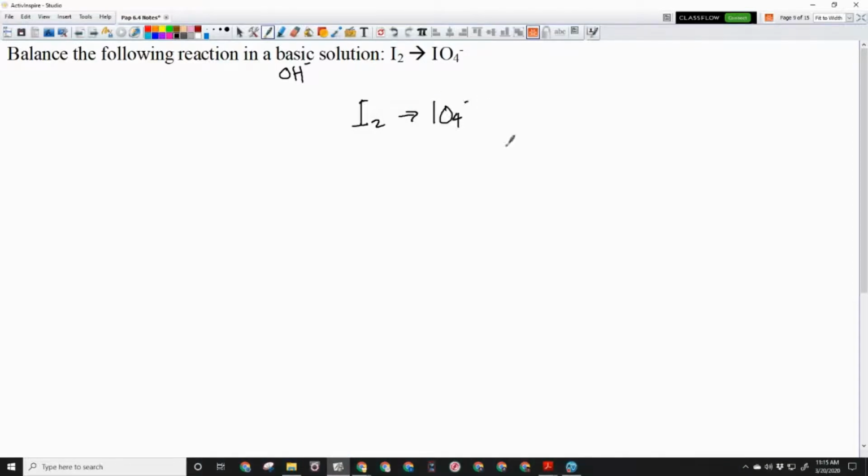IO4 negative 1. So the first thing that we want to do is balance everything except oxygen and hydrogen. So iodine here, I2 here. So we need 2 here to make 2 iodine. Now we have 4 oxygen here. So in order to balance oxygens, we have to add water.